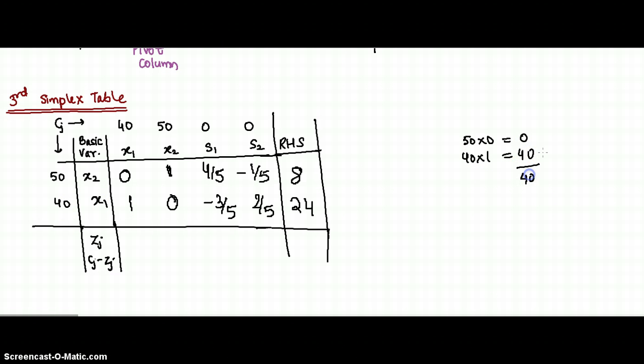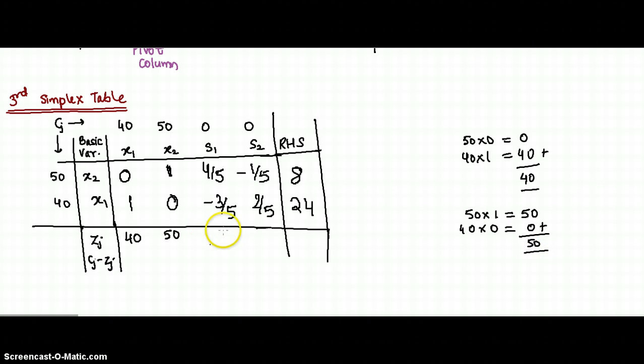So when we add them, we'll get 40. Similarly, 50 multiplied by 1 is 50, plus 40 multiplied by 0 is 0. Adding, we'll get 50.